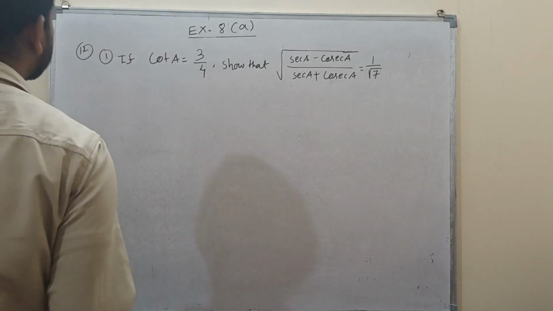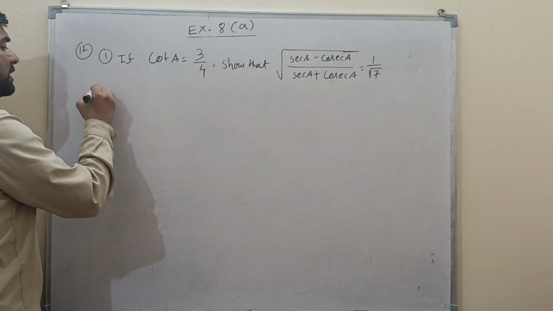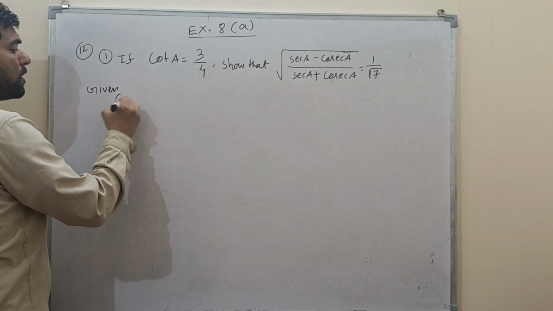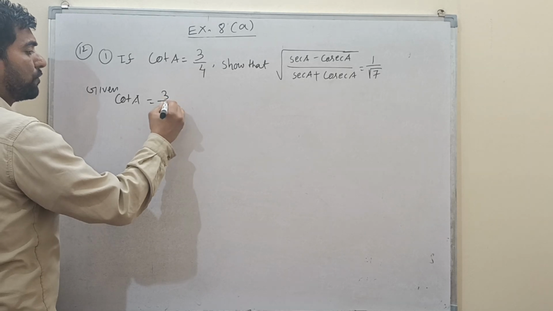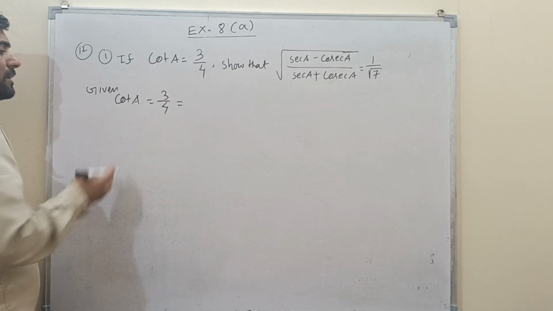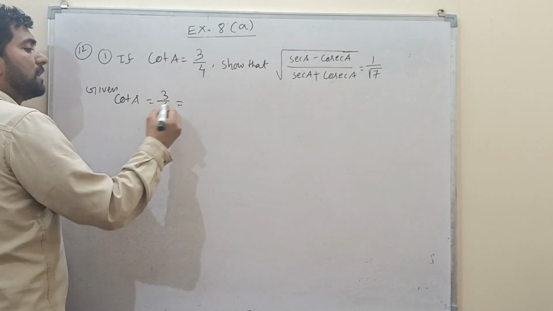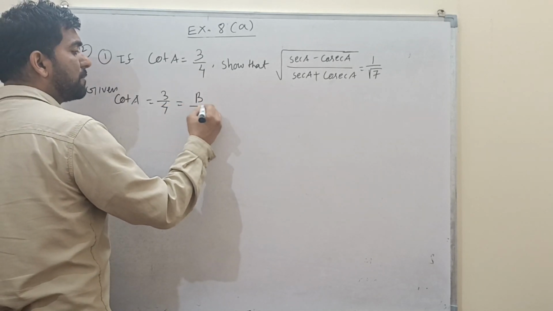So now question number 12 one. What is given here? It is given cot theta is 3 by 4. So again cot theta we know. What is cot theta? It is base by perpendicular.